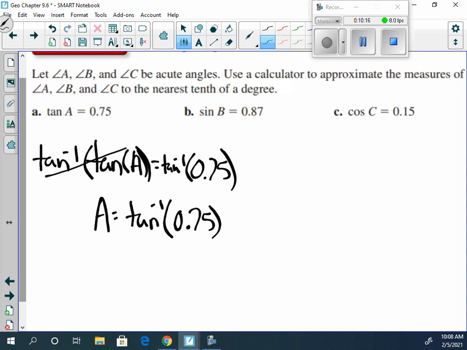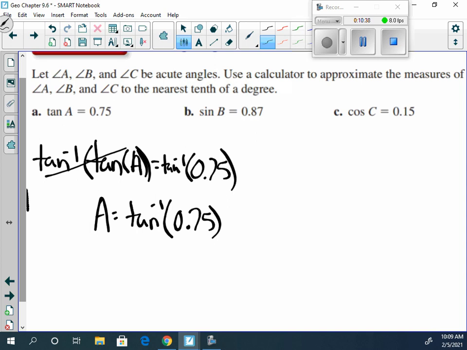And the reason we're doing this is because if I want to find that angle, tangent inverse of tangent of A, since they undo each other, is the only way that we can get the angle out of tangent, because they're stuck together. The only way that we can remove it is with its inverse. We can get the angle by itself.